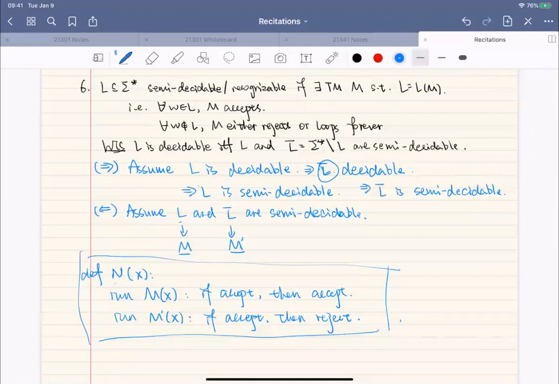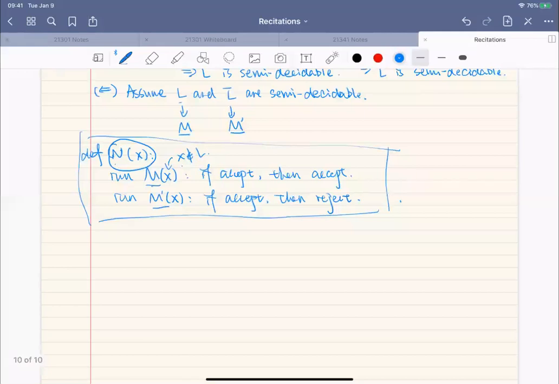Note that it's possible for M or M prime to loop forever in the case that X does not belong to the language they recognize. So if X is not in the language L, then if we run M on X, it's possible that it will loop forever, and N on X as a whole is going to loop forever, which makes it not a decider Turing machine, because a decider Turing machine always stops.